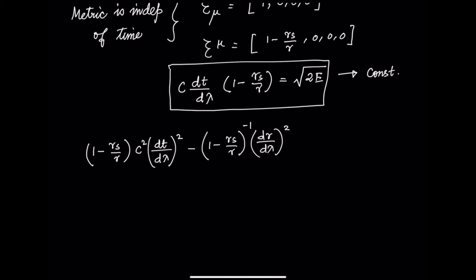Then the next term is minus r square d theta square, but remember that we have constrained our motion to the theta equals pi by 2 plane, so theta doesn't change in that plane, which means that d theta is 0. So I am left with the last term, which is minus r square d phi d lambda square, and this is, as we defined earlier, epsilon.